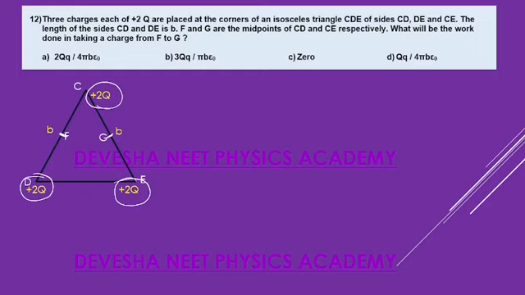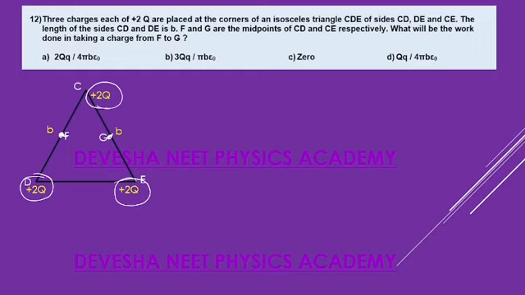It is given that the lengths of the sides CD and DB are equal, since it's an isosceles triangle, so two sides of our triangle will be of the same length. F and G are the midpoints. F is the midpoint of this side, and G is the midpoint of this side.